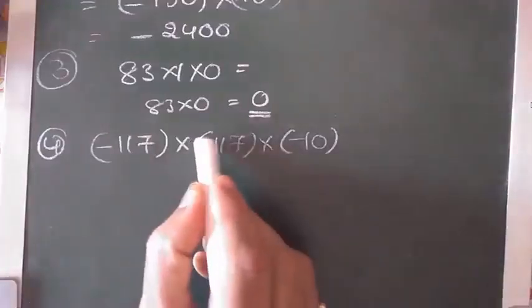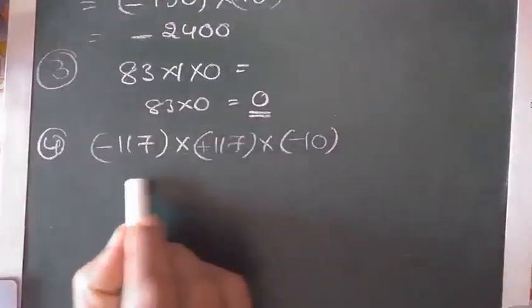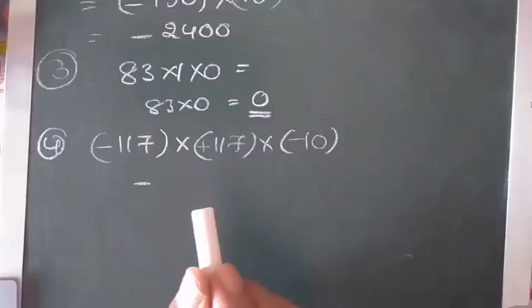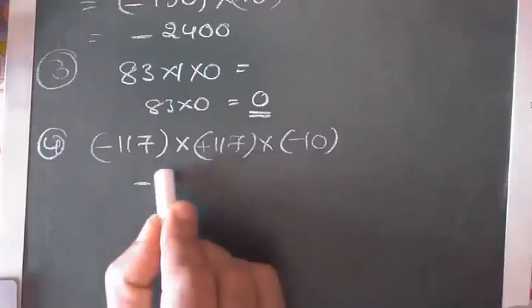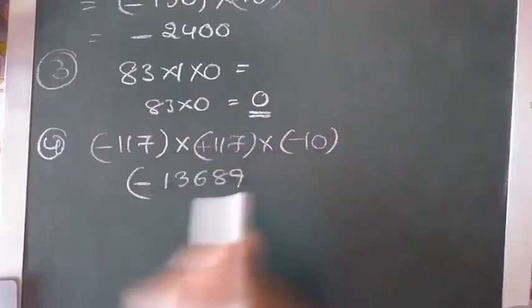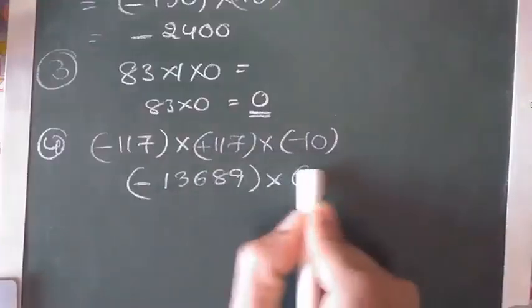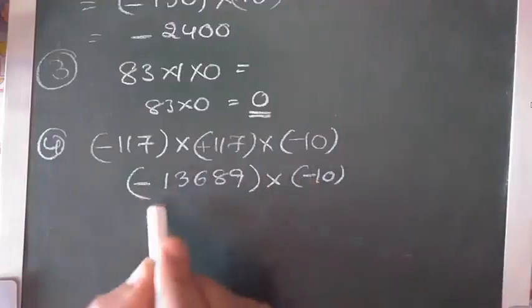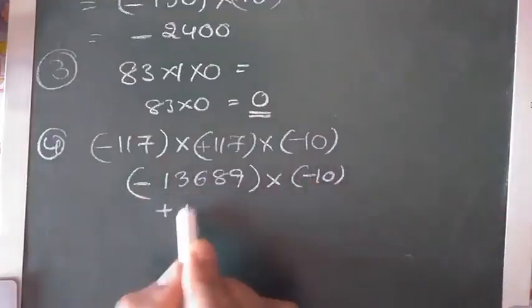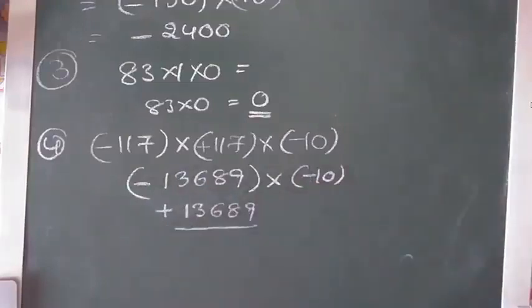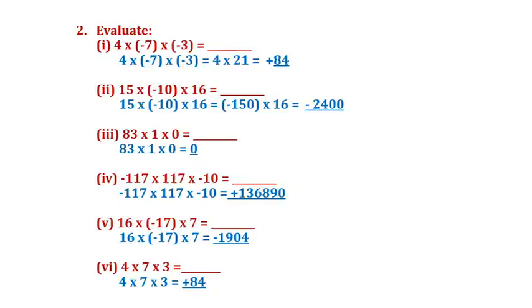So this is minus into plus, minus. 117 into 117 is 13,689. This is minus 13,689 up to here, into minus 10. So now again multiply the signs here. Minus into minus, plus 13,689. Okay.